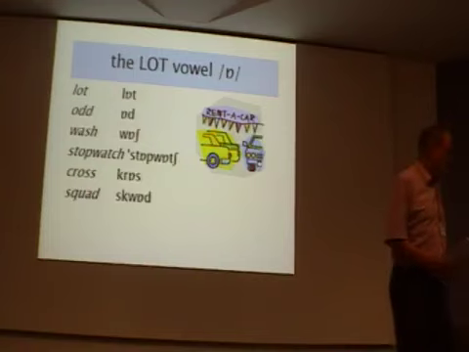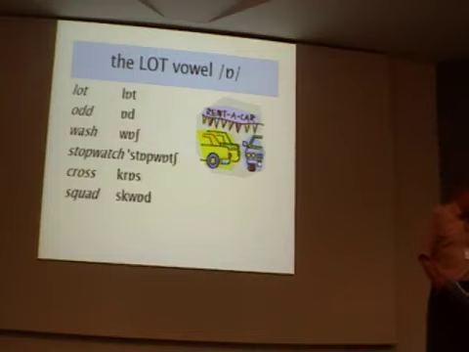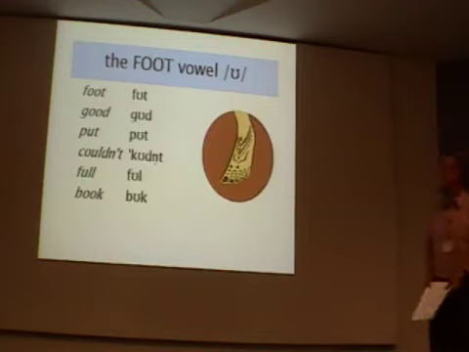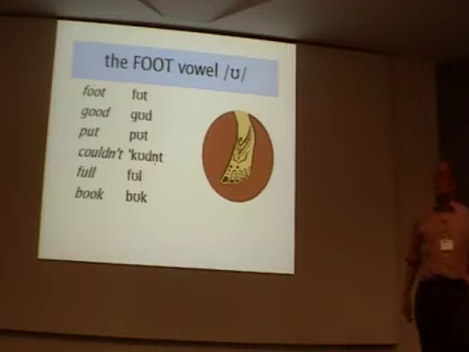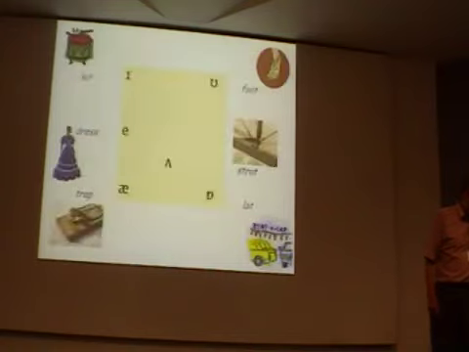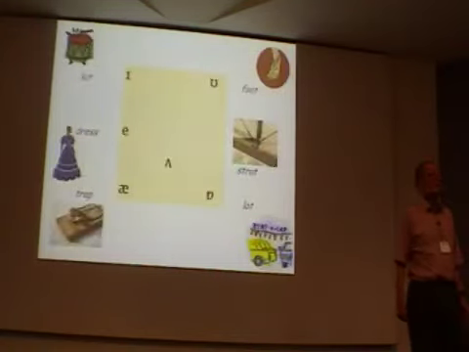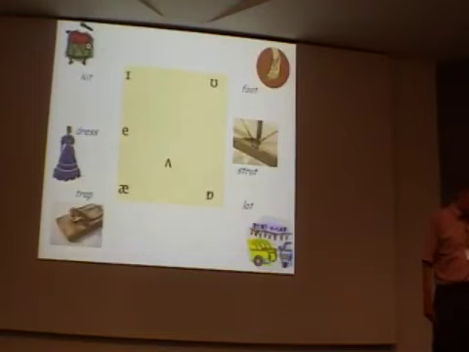And the last of these, which is U, goes back to being fairly close again. The foot vowel, as in foot, good, put, couldn't, full, book. Well, that's pretty straightforward. There they are all together, the six stressable short vowels of English.